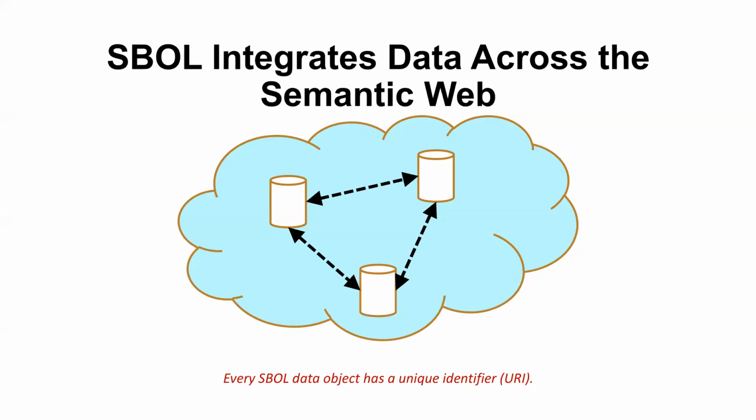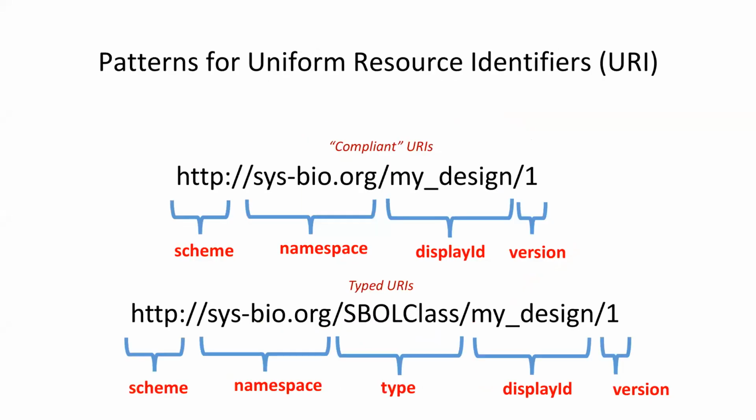So I think Chris covered this. SBOL is based on RDF and semantic web standards. And the main point about that is every SBOL data object has a unique identifier, or URI. In the Python library, there are actually three different types of URIs you can use.